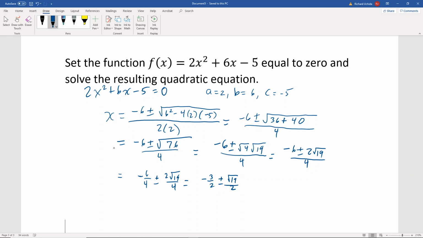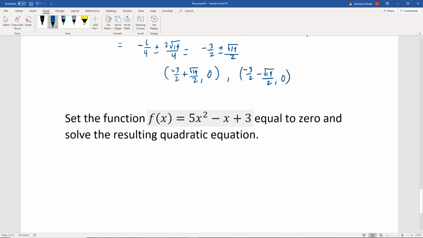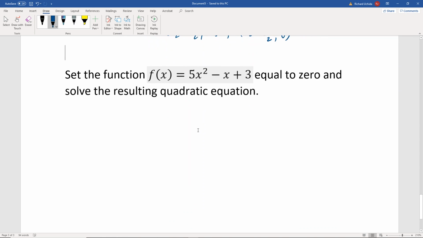So our two x-intercepts in this case would be, for one, the x-coordinate is -3/2 plus square root of 19 over 2, and then the y-coordinate's still 0 because it is an x-intercept. And the other x-intercept, the x-coordinate would be -3/2 minus square root of 19 all over 2, and then comma 0 for writing it as an ordered pair. And then you can plug that into your calculator and see what the actual value of that number is.